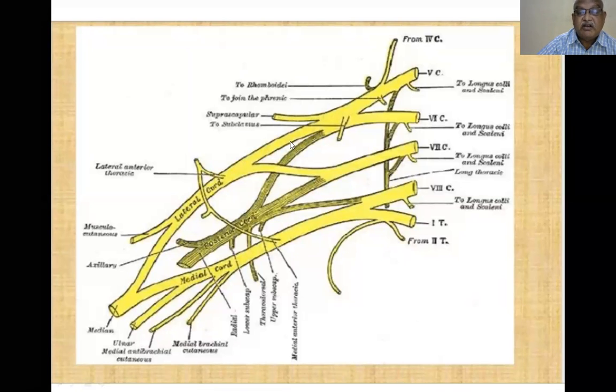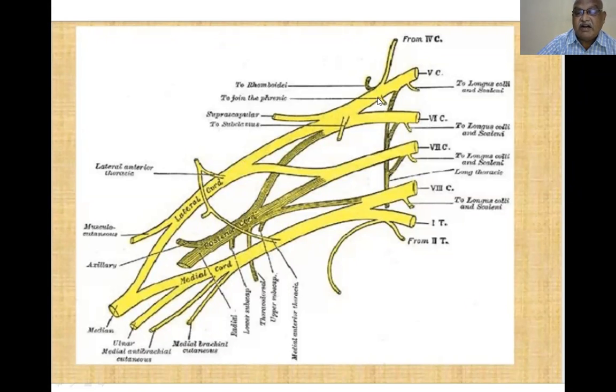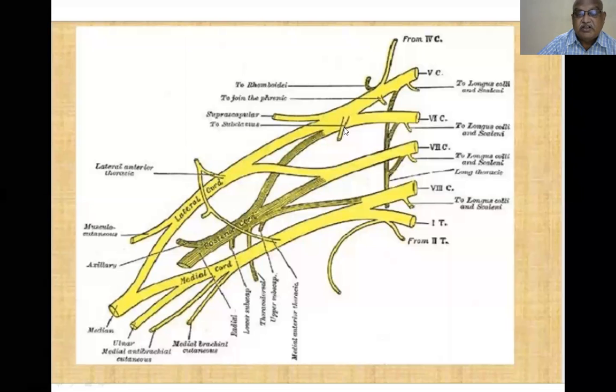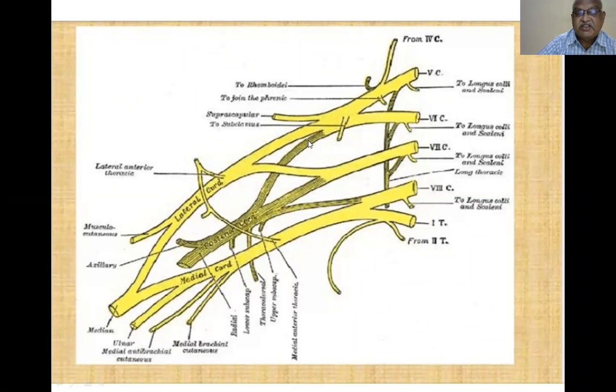Now this is the division of the upper trunk into anterior division and posterior division. This is the ventral ramus of C5, this is the ventral ramus of C6.